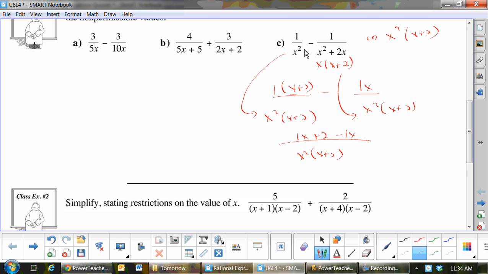So this one is in here, and this one is in here too. Do you see? Really, if you wanted to, you could have done this times this and had x cubed times x plus 2, a bit bigger, but you know how I said when in doubt multiply the two? You could have done that too. So now these are just going to cancel, and this is 2 over x squared times x plus 2.